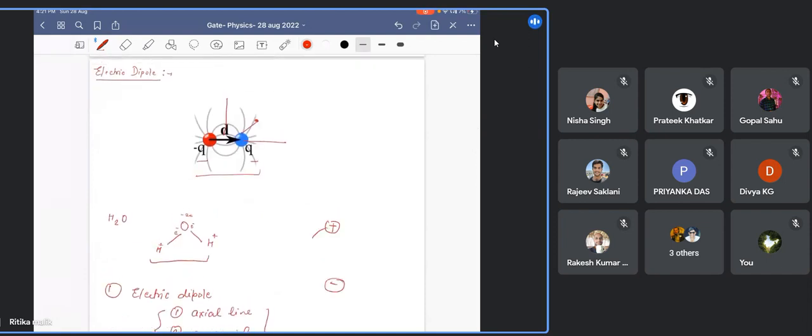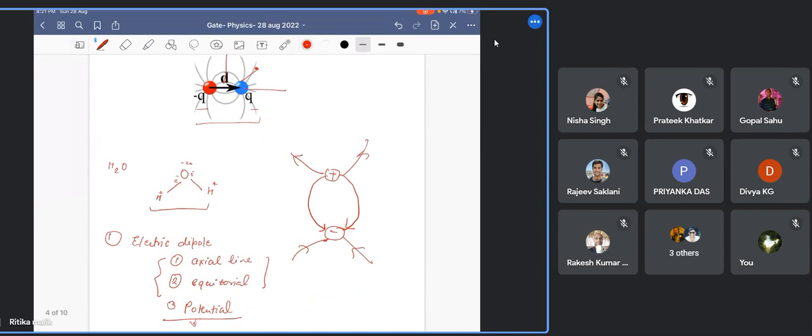The electric field lines start from the positive charge going towards the negative charge. This is how the electric field lines flow: they go away from positive and towards the negative. If you calculate the electric field along the axial direction in which the dipole is placed, the field value is different. If you calculate in the equatorial direction, the field value is different. If you calculate in any other direction, the field is different.